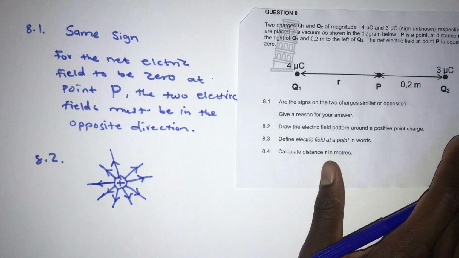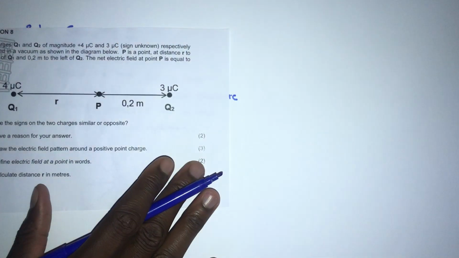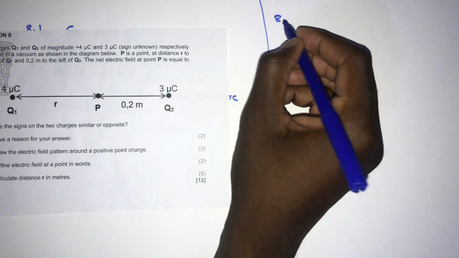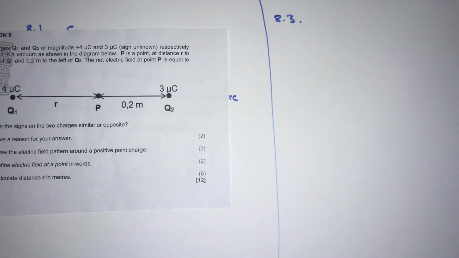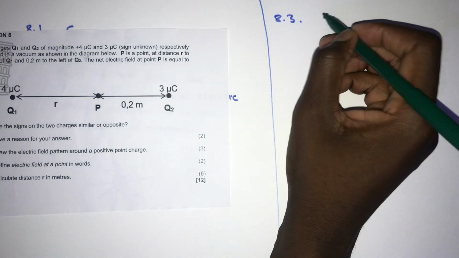So now 8.3, they said define electric field at a point. So first we can just write the formula to see what's going on.